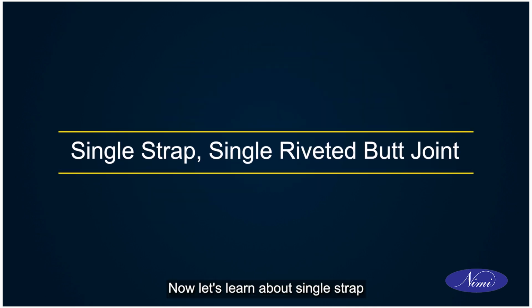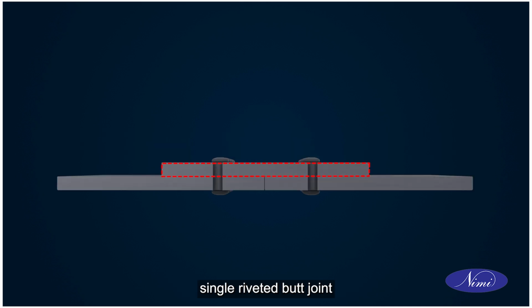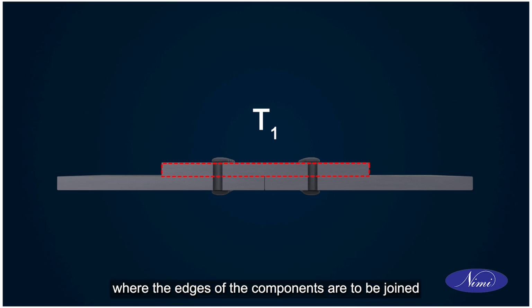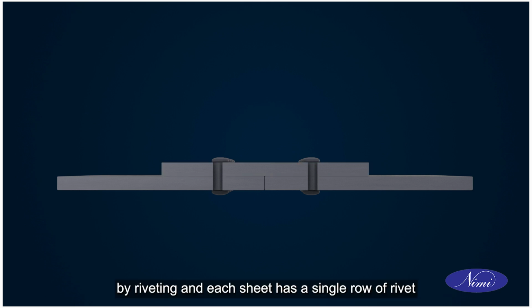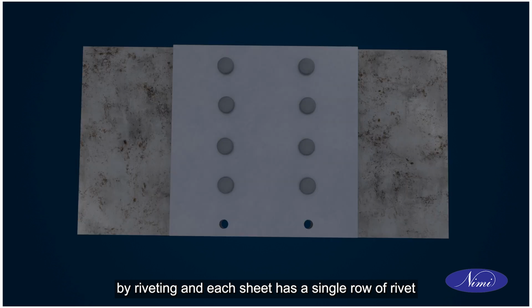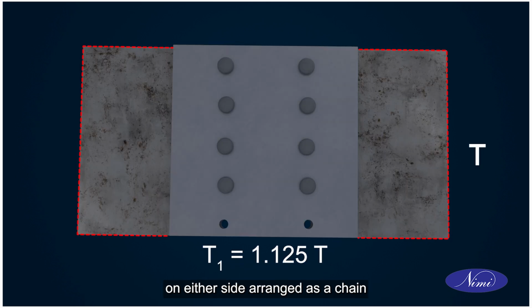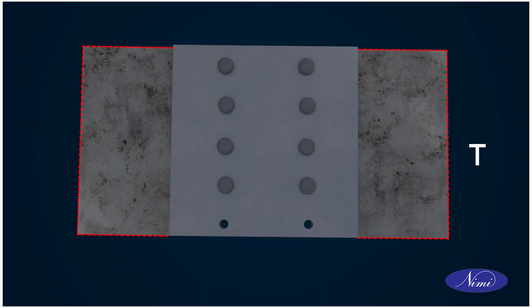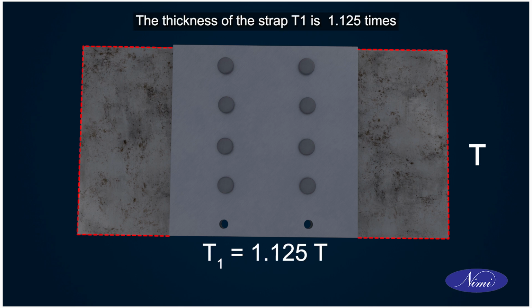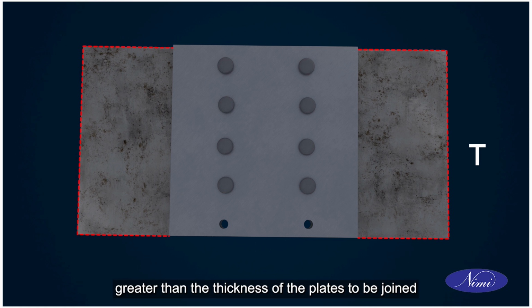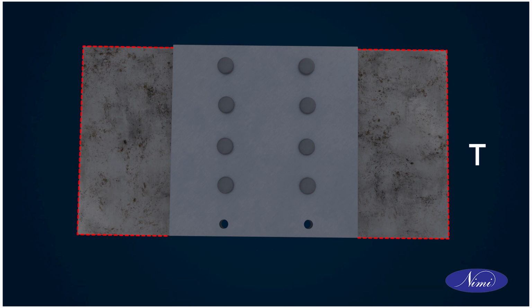Now, let's learn about single strap, single riveted butt joint. This method is used in situations where the edges of the components are to be joined by riveting and each sheet has a single row of rivet on either side arranged as a chain. The thickness of the strap, T1, is 1.125 times greater than the thickness of the plates to be joined.